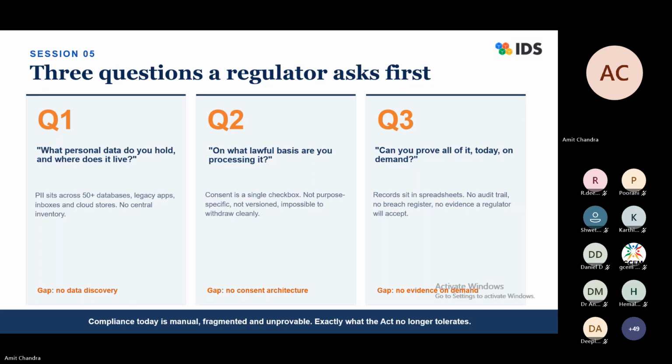Okay. So out of that, there are various kinds of tools which will help you to support this. One will be for question 1. It's all about the data discovery tool.